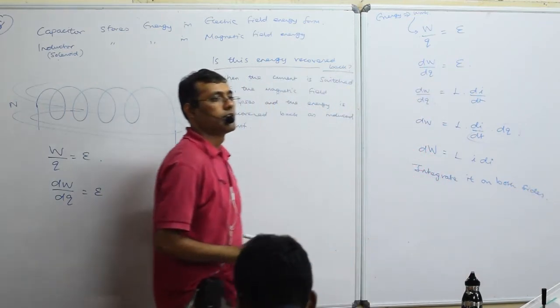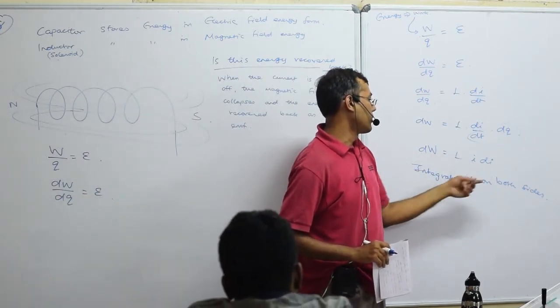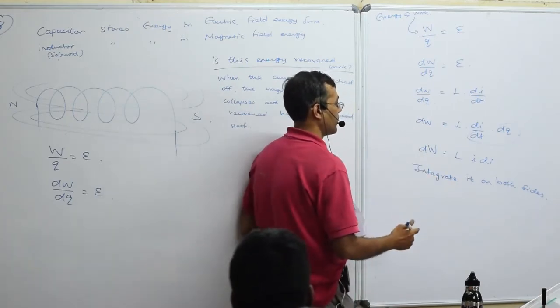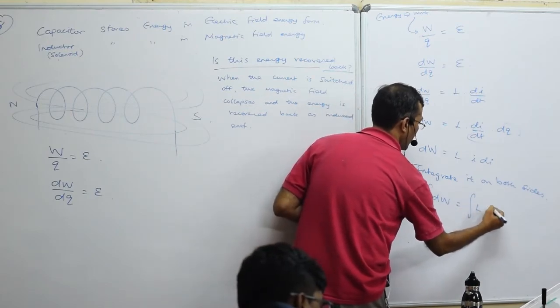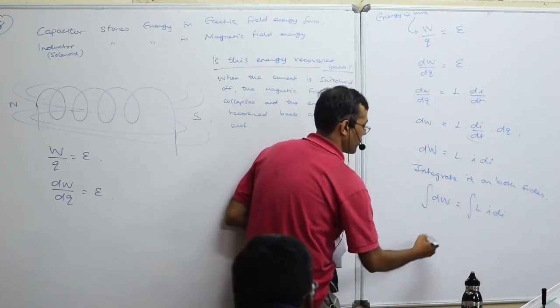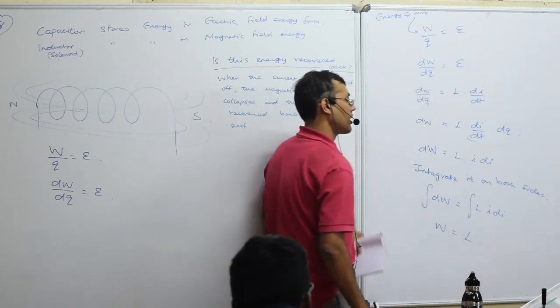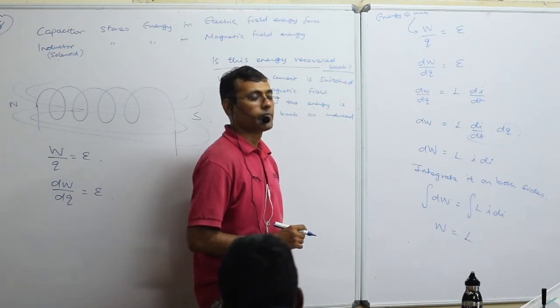Integration means for a small change in work, this is the value. So the integral of dW is W, and the integral of Li di, where L is a constant: the integral of x dx is x squared by 2, so it becomes I squared by 2.